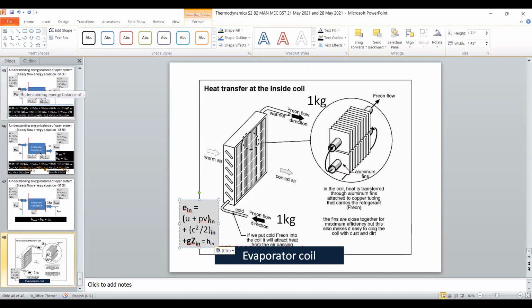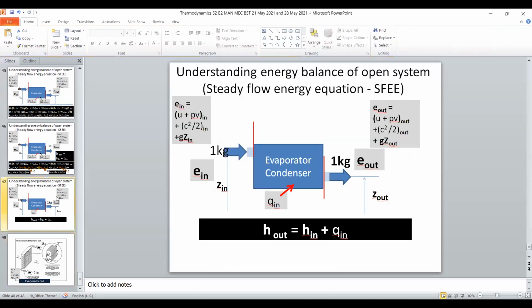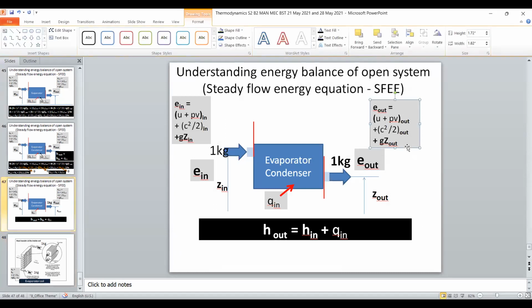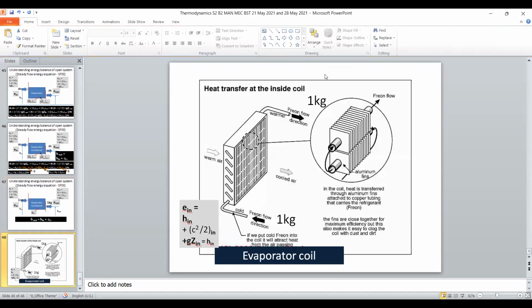The same way, enthalpy is U plus PV. So I will put this H in. Okay. H in plus kinetic, potential, or finally H in. Same way, H out, E out.